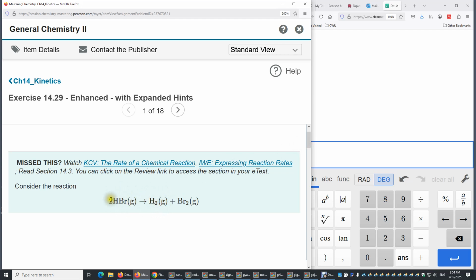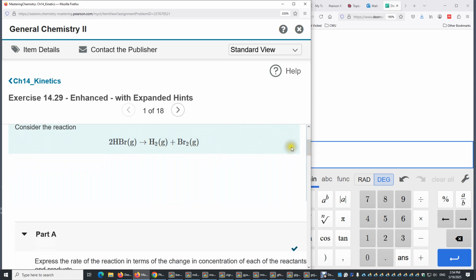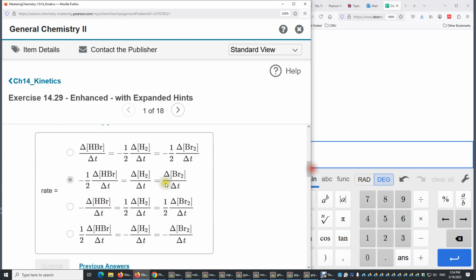So we need to divide the consumption rate of HBr by 2, and then that's going to be equal to the production rate of H2. That's why we need this 1/2 in front of the change in the concentration of HBr.